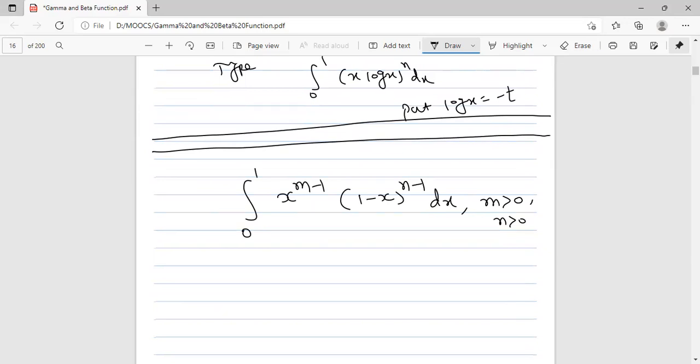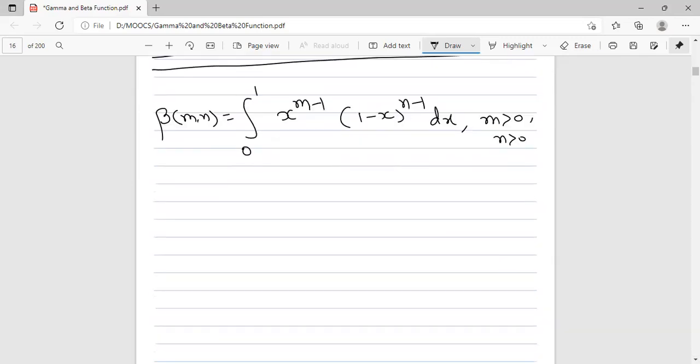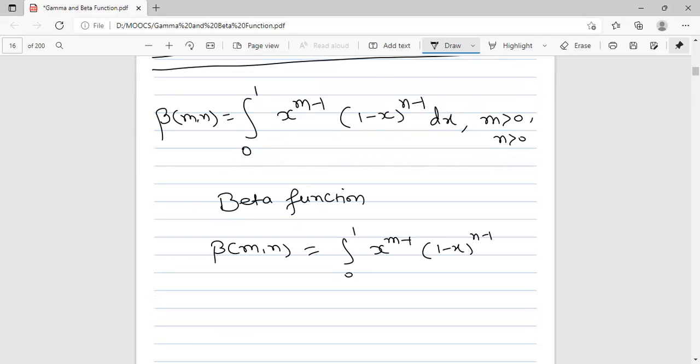And now I am defining this function as a beta function. This function is denoted by beta mn, which is equal to integration 0 to 1 x raised to power m minus 1 into 1 minus x raised to power n minus 1 into dx. And this converges for m greater than 0 and n greater than 0.